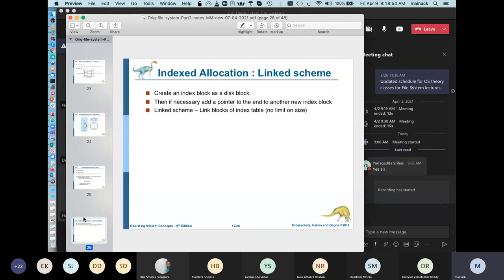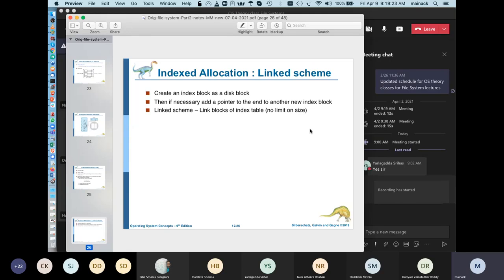If necessary, meaning as the size of the file increases and you need more indices to point to more data blocks, then you add a pointer at the end to another new index block. Start with one block, then you just add links to the next index blocks as and when needed.